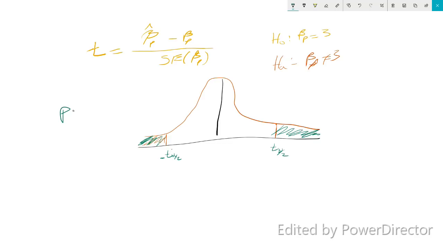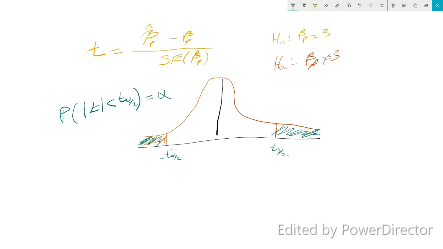So the probability that this value t in absolute value is below t alpha over 2, and this represents the area underneath these curves, is equal to alpha.